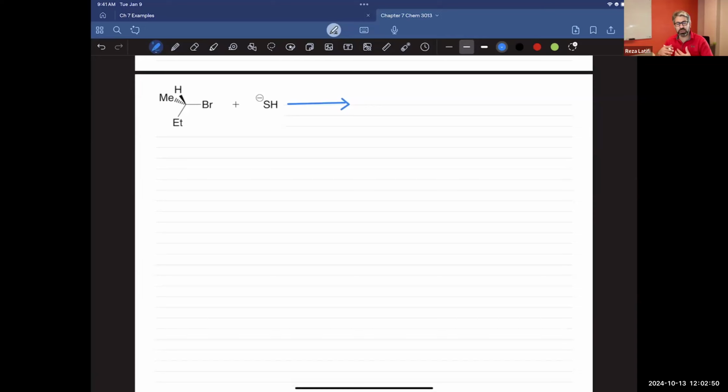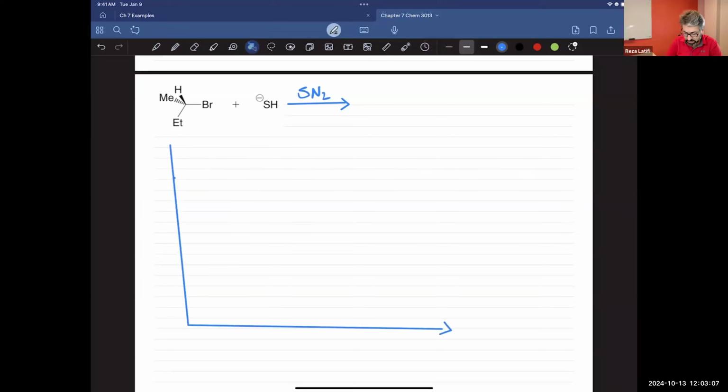Let's talk about why this is happening and what the mechanism is. So this reaction is going to be SN2. That means you have a reactant that is reacting with a nucleophile.